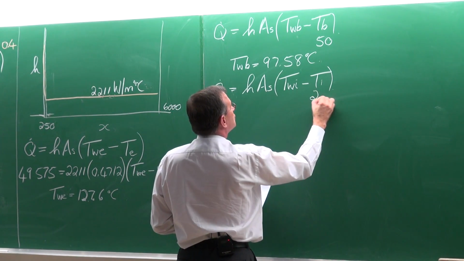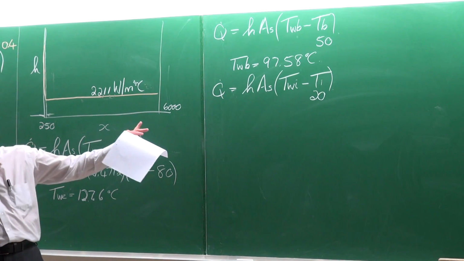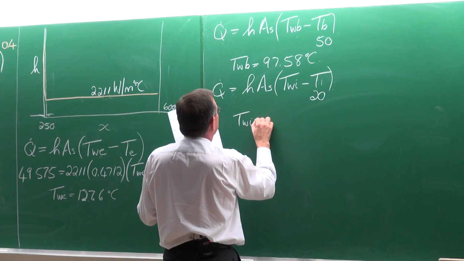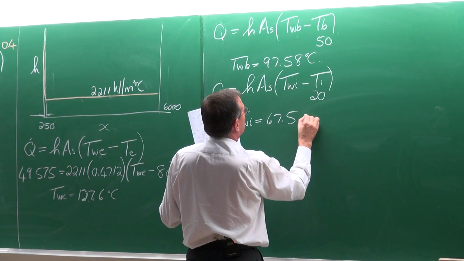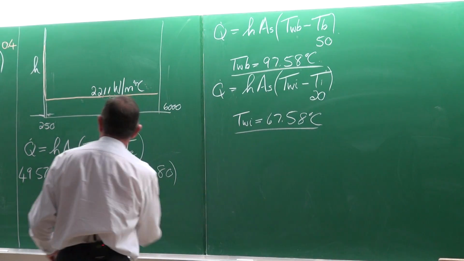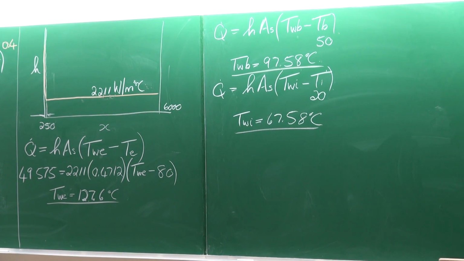The inlet temperature is 20. All the other parameters stay the same, and we can calculate the wall temperature at the inlet as 67.58 degrees Celsius. Right, 67.58 degrees Celsius.